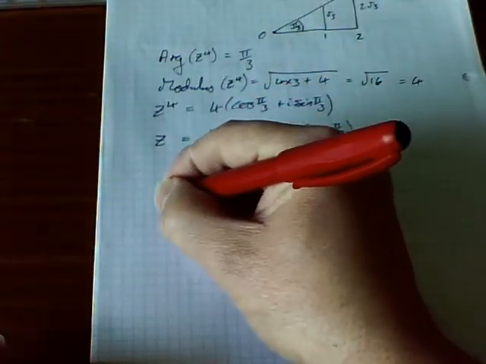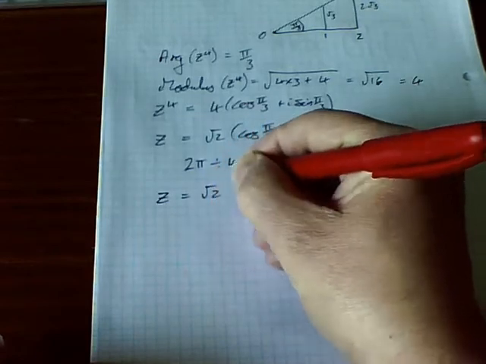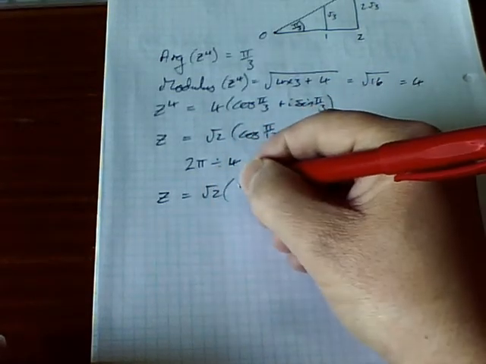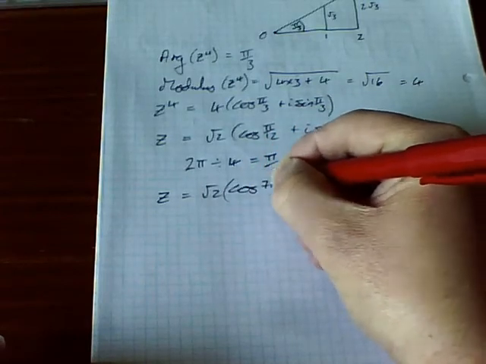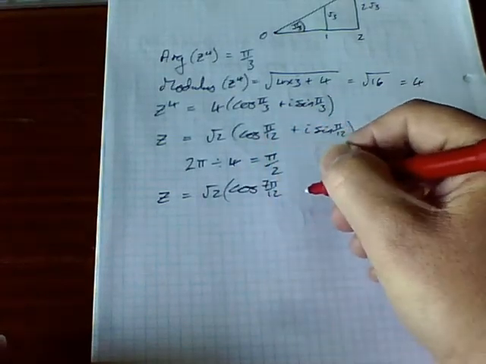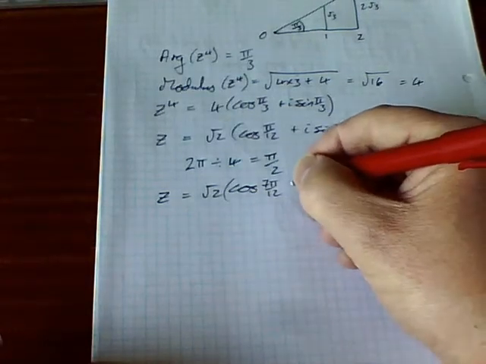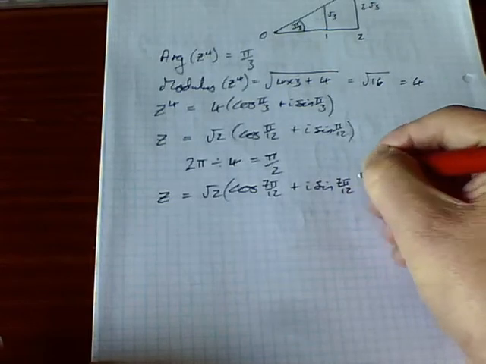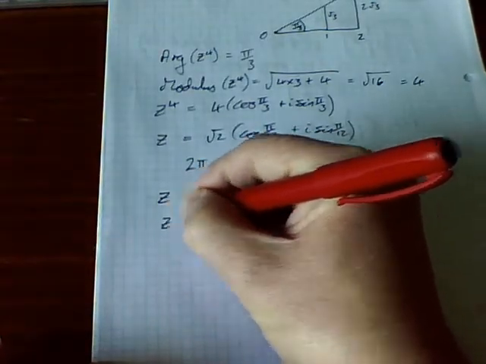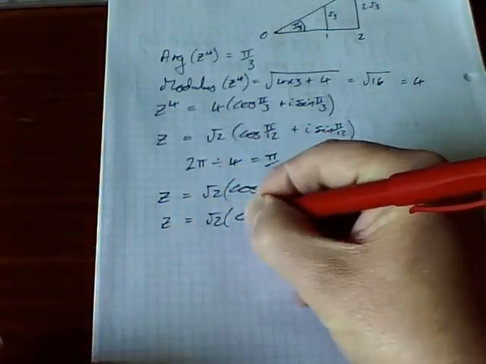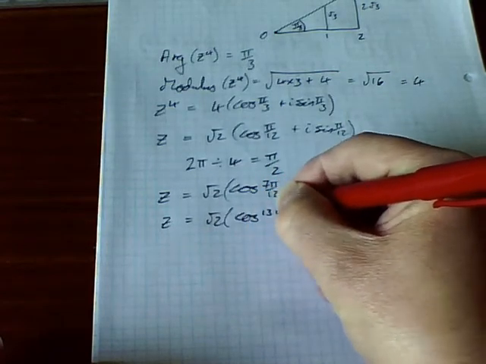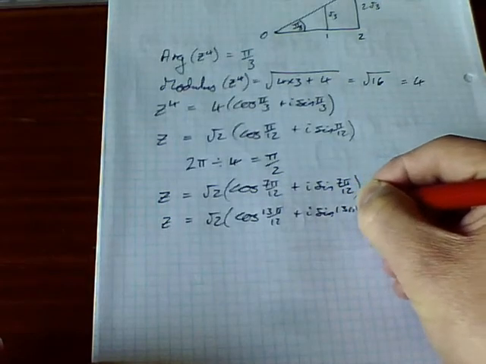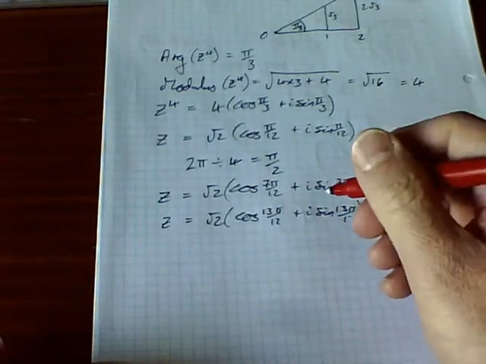And so the next one, z is also going to equal root 2. I'm going to add pi by 2 to pi by 12 and get cos 7 pi by 12. So this is the next root round in the Argand diagram. That's i sine 7 pi by 12. And it's also going to equal root 2 cos 13 pi by 12 plus i sine 13 pi by 12, so it's another one further round in our square.